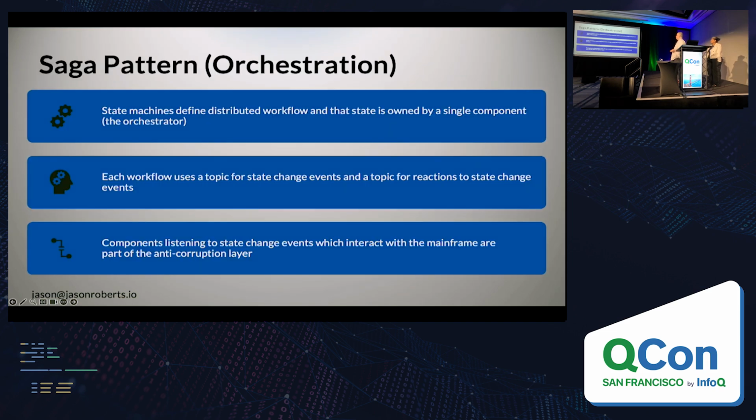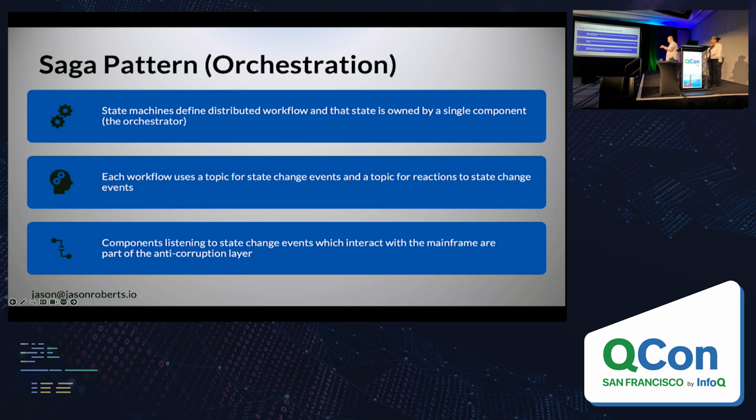So what we do from a high level is we use the saga pattern, which is orchestration. We have state machines which define our distributed workflows, and that state is owned by a single component, which is called the orchestrator. Each workflow uses a pair of topics for state change events, which they emit.